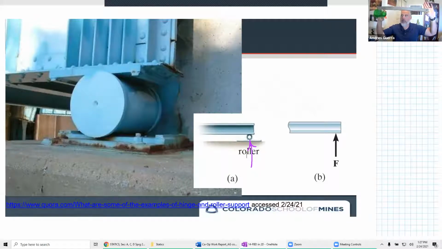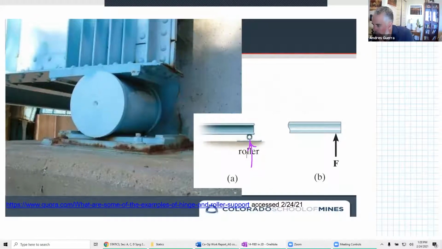That is so that as this board, the bridge deck, gets longer when it gets really hot outside, it doesn't create extra stresses in that bridge. It allows it to get a little bit longer. Or when it gets really cold, it allows it to get a little bit shorter without creating additional stresses. We don't typically see a roller and a roller because that's a skateboard, right? We don't want skateboards. We want something to prevent translation in the x direction and not let it roll off there.